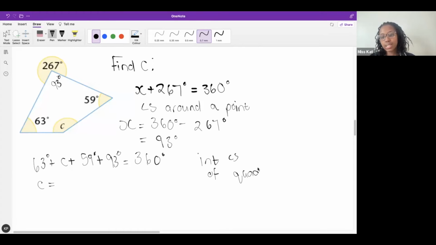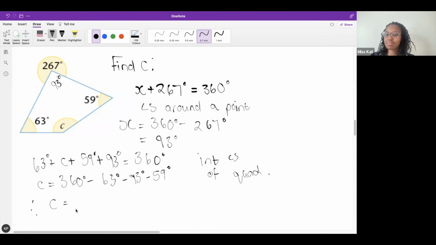We don't know what this quad is, so you just say of a quadrilateral. So then C will then be 360 degrees minus 63 minus 93 minus 59. My handwriting is getting progressively worse. I don't know what's going on in life. Therefore, C is what?